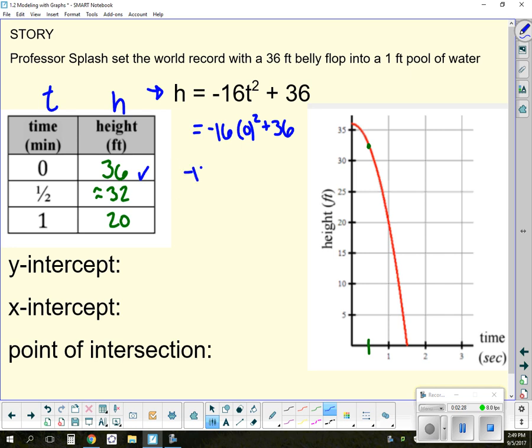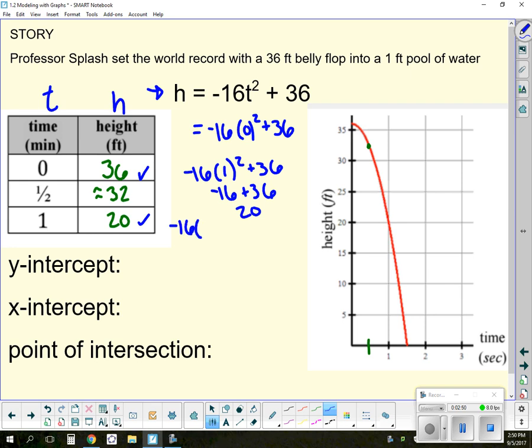What about when time is 1? Well, 1 squared would still be 1, so we have negative 16 plus 36, and that one's 20. So that one was perfect as well. The one we really aren't sure about, based on just looking at the graph, is the 1/2. So try that.